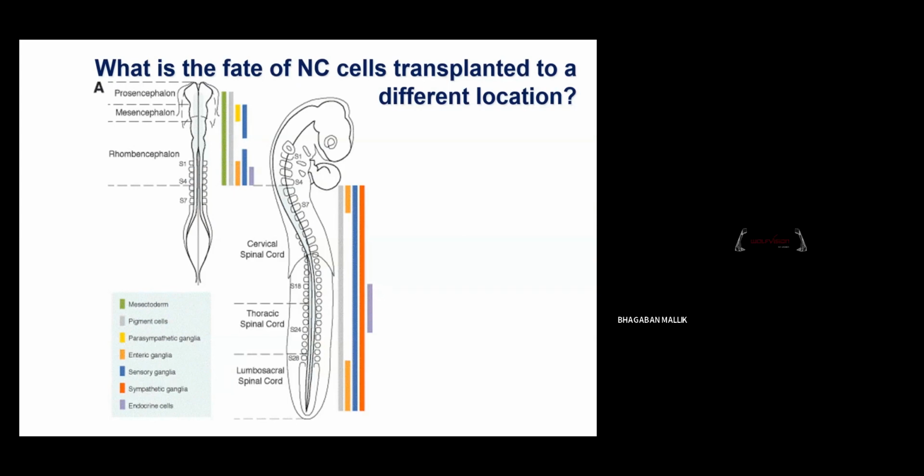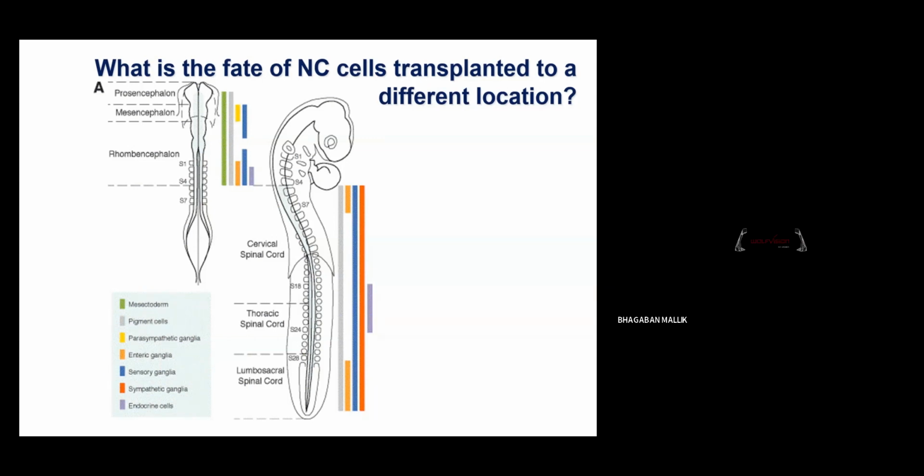One is the cranial neural crest, and this is the trunk neural crest. With the cranial, you have three distinct parts: prosencephalon, forebrain, midbrain, and hindbrain, and you have specific types of nerve present in each part of the developing neural tube or developing brain.